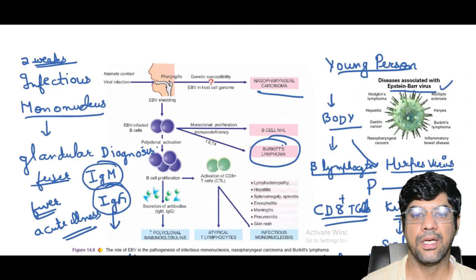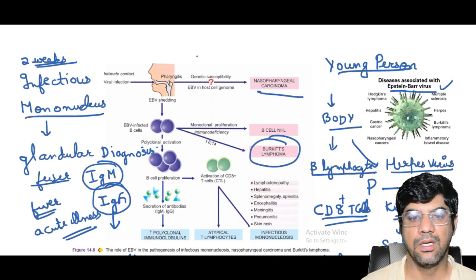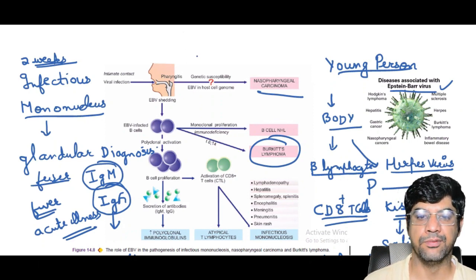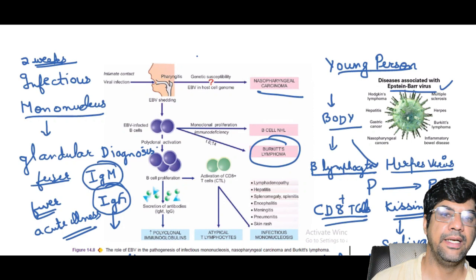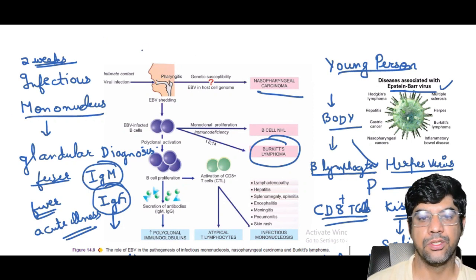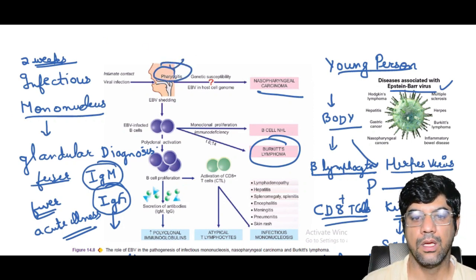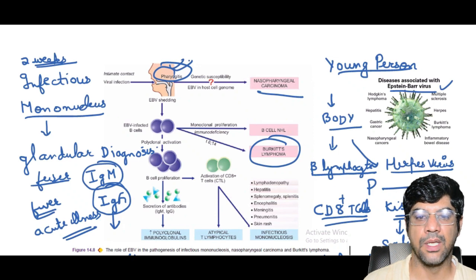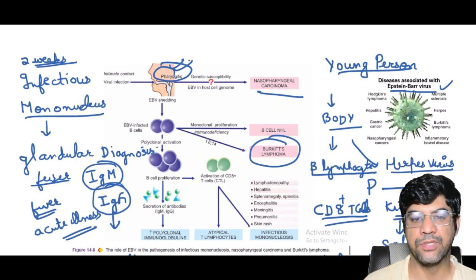Now this diagram represents the pathogenesis of infectious mononucleosis. The Epstein-Barr virus, as we know, is transmitted through intimate contact like kissing, which leads to pharyngitis, that is sore throat. The virus is shed from the epithelial cells into saliva.